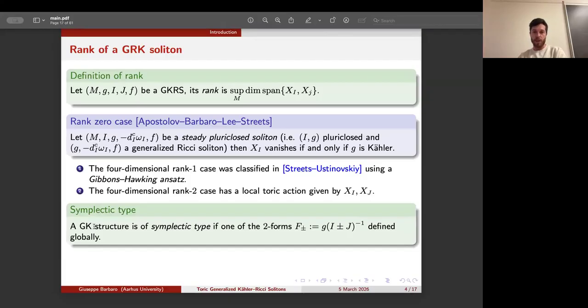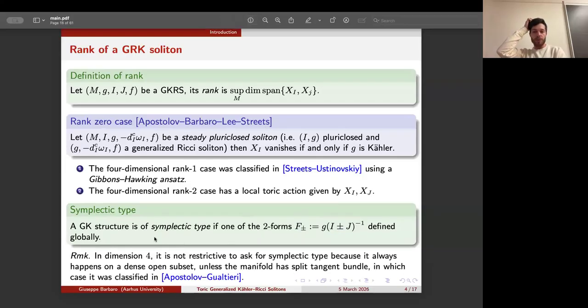We will say that a generalized Kähler manifold is of symplectic type if one of these two forms is defined globally. Here, this two-form, in general, might not be defined because it might not be invertible, but when it is, these are symplectic forms. And we call it symplectic type if these are globally defined. Now, the point is that in dimension 4, asking for symplectic type is not really restrictive. In fact, we only have 2 cases in dimension 4.